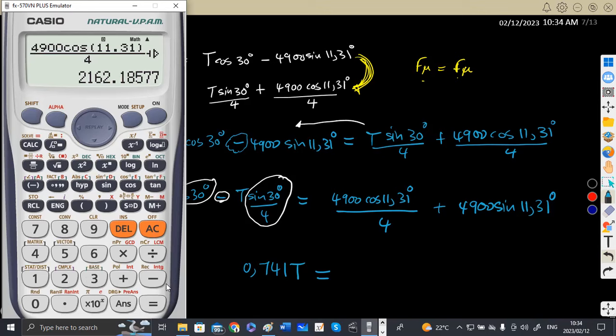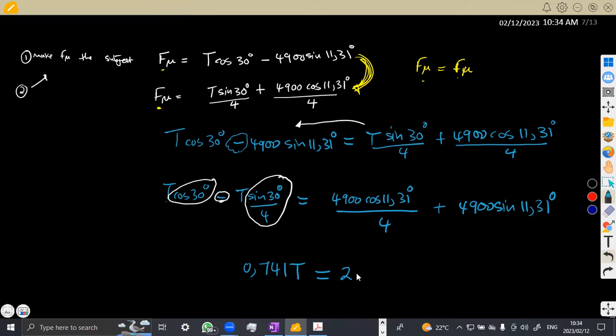All right, so that's it. We have got 2,162.186 if you round off properly. So divide by 0.741 on both sides, this can cancel. We have got the value of t.